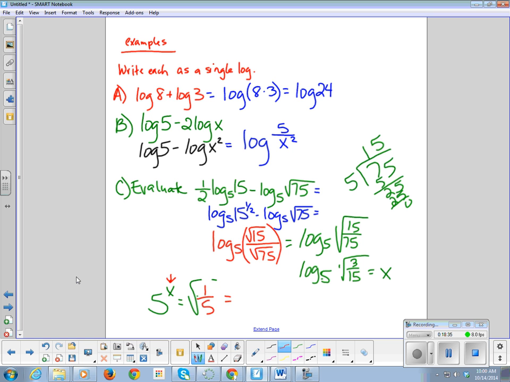Well, let me show you a little bit. If I were to pull this 5 up to the numerator and make it a negative exponent, is not square root equal to 1/2 power?